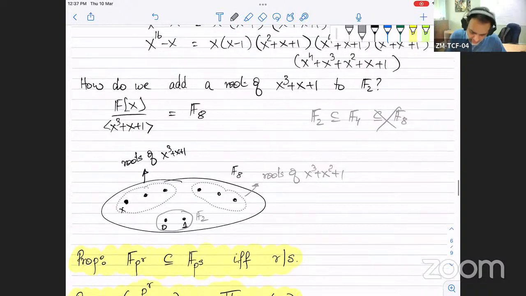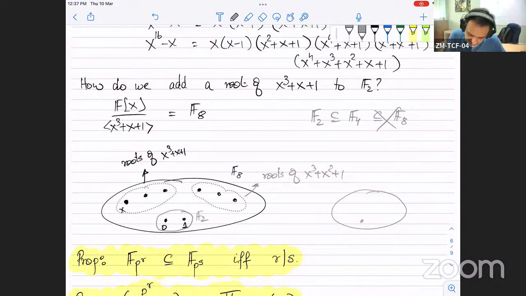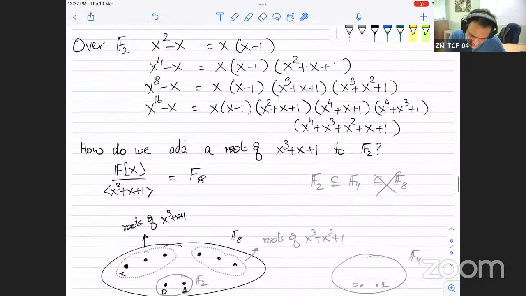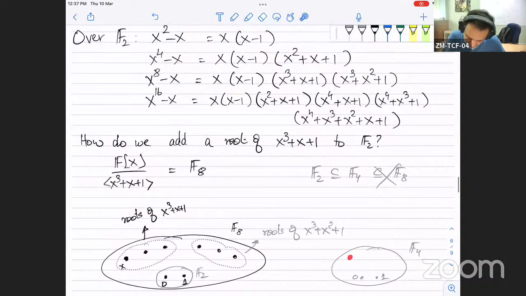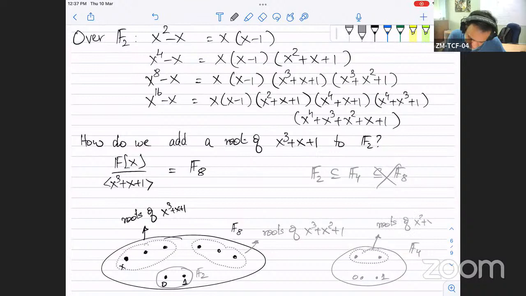Just notice what the picture would be when you wanted to add F4. So there is 0, there is 1, and then you add a root of the polynomial x squared plus x plus 1. So that will be 2 other points, whatever roots of x squared plus x plus 1.